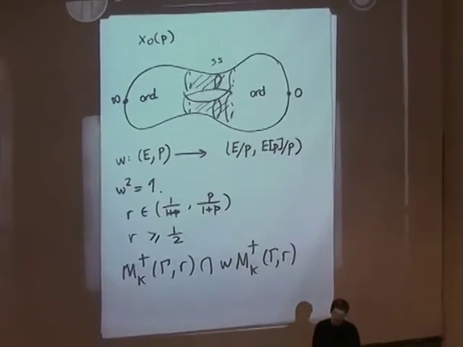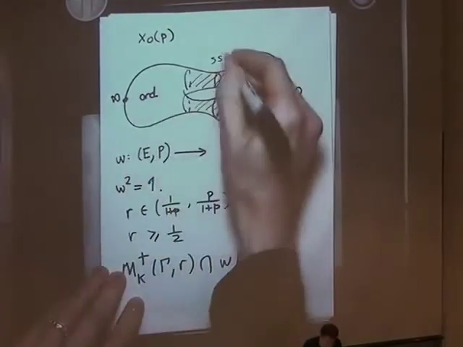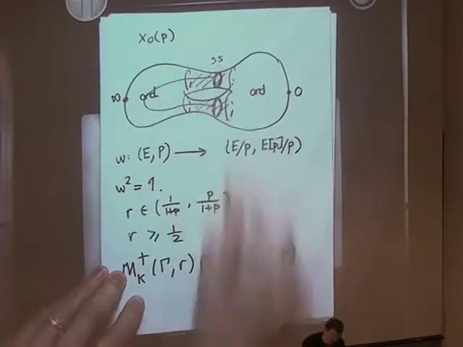So on the one hand, you should think of the left-hand side as being sections that go as far as this disk, so sections in this region here.